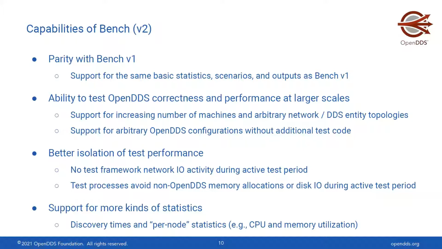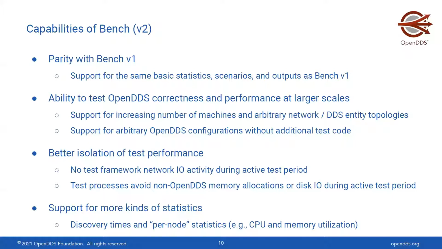And we support a larger number of OpenDDS configurations without the need to add new code to the test framework. In essence, we did this by having a lighter weight wrapper around OpenDDS. And so we gain access to more OpenDDS functionality by wrapping less of it. We also have better support for isolation between the test framework and the test processes themselves.